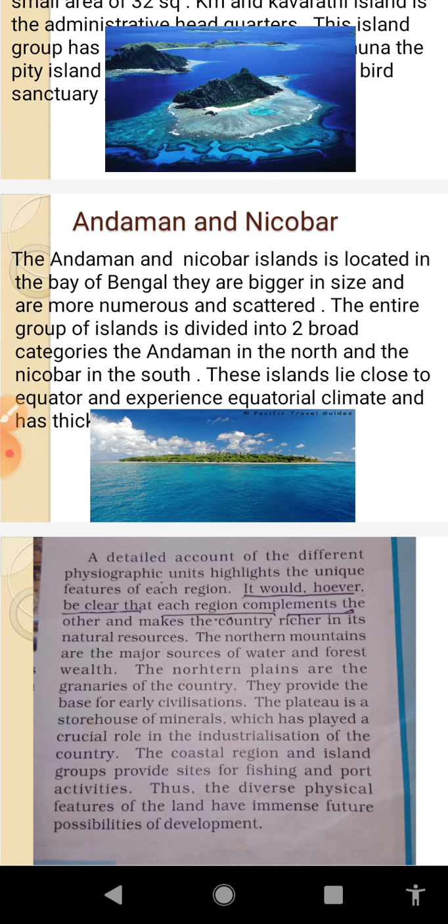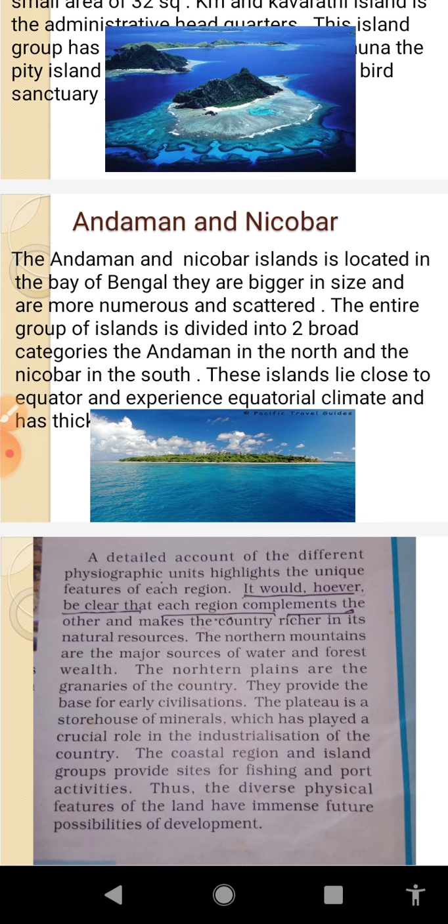If we take the example of the peninsular plateau, it is rich in minerals. Different types of minerals are available, and these minerals have played a crucial role in the industrial development of our country. The coastal regions and the island groups provide sites for fishing and port activities.